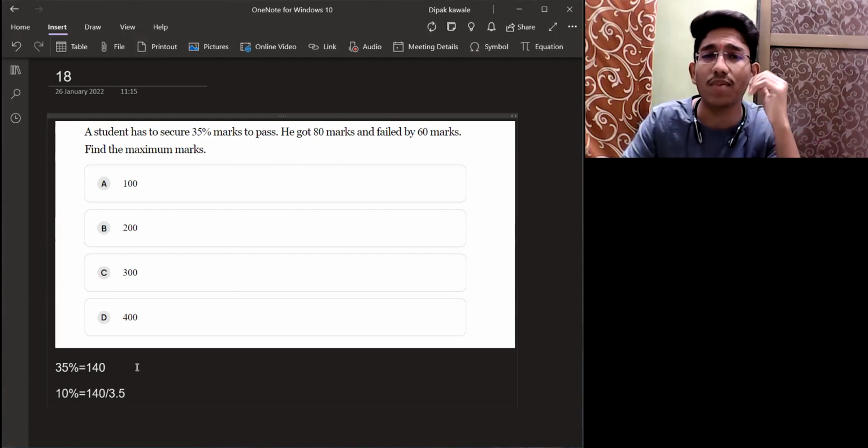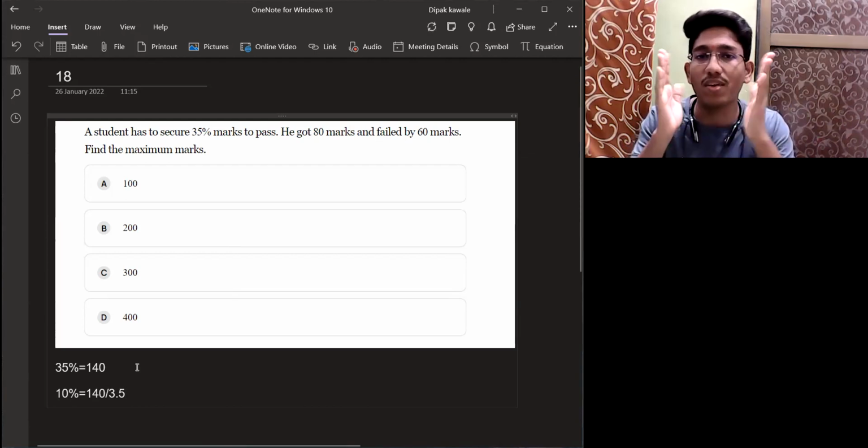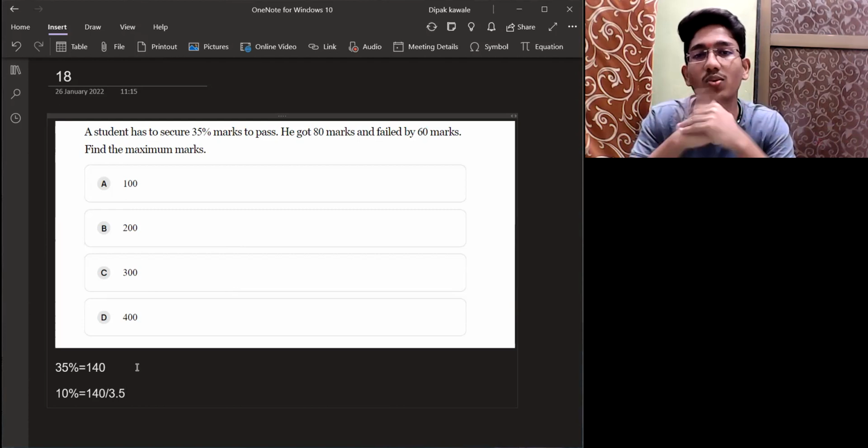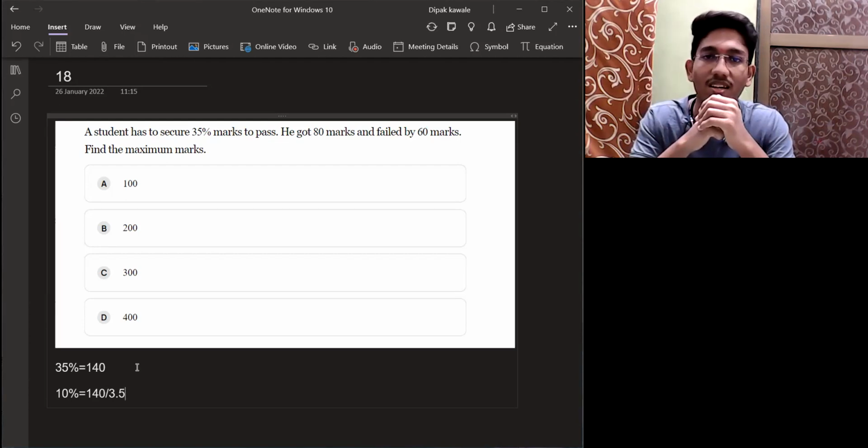So our intention is always to make the calculation simpler. That's why we have adopted that technique. See students, in the exam you have to be very careful which technique to use. As I have already told you in the first video, there is no particular formula that will apply to all the problems. You have to figure out yourself which trick to apply on that problem.